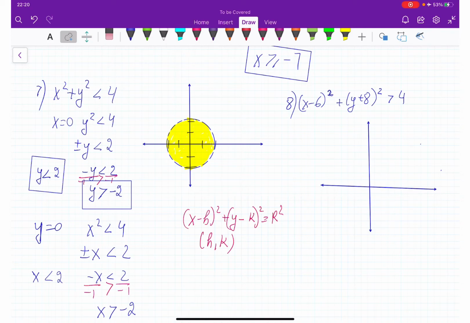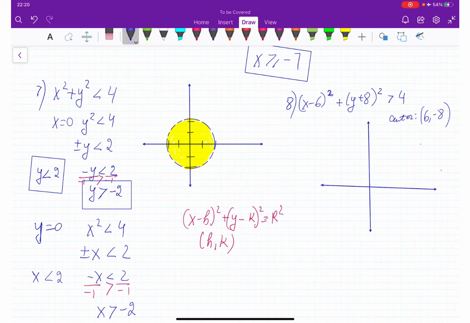So what does that mean? The center in this case is going to be positive 6, negative 8. Center of the circle, let me write it down. Center is 6 and negative 8.